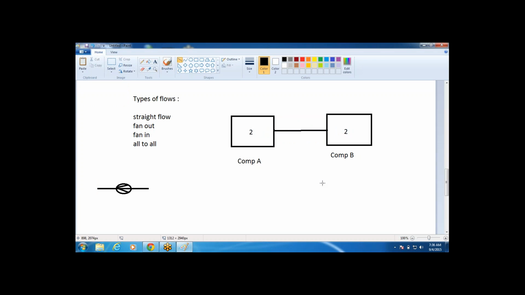So when both components are running on the same depth of parallelism, the flow connected between these components is a straight flow. Whether it's a two-way MFS or 4 or 8 or 16, whatever it may be, if the connected components are running on the same depth of parallelism, you can take it as a straight flow. Is it clear, Ravali?